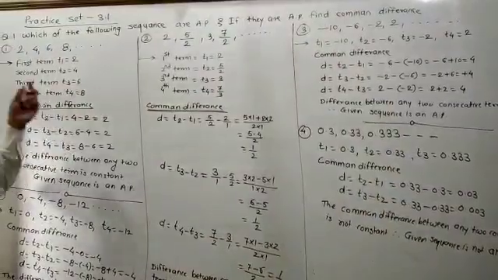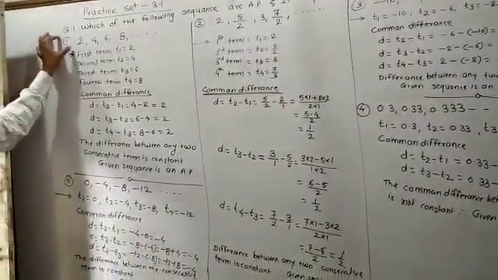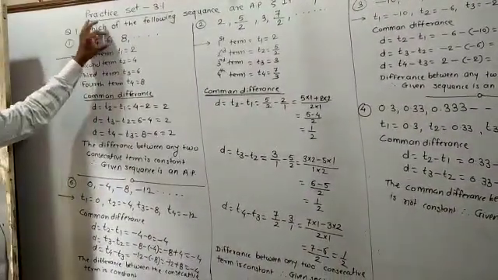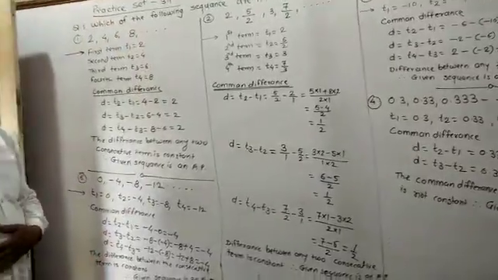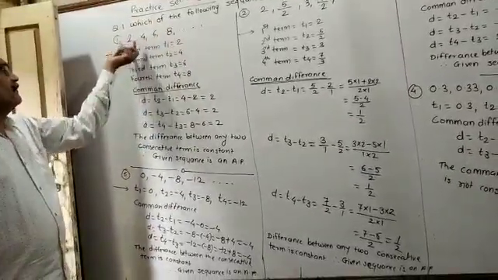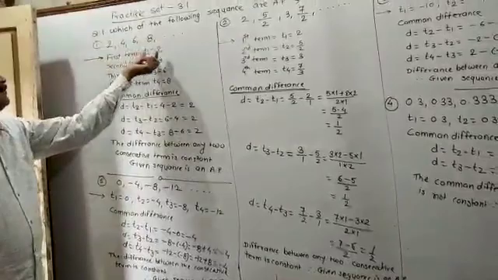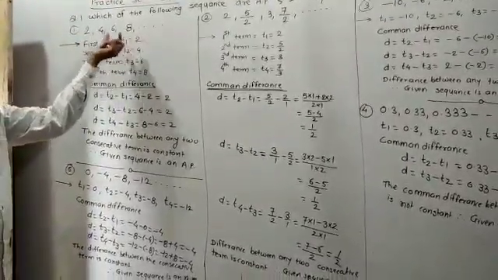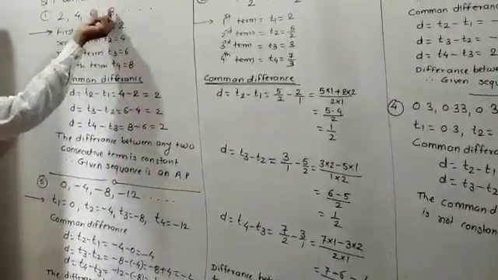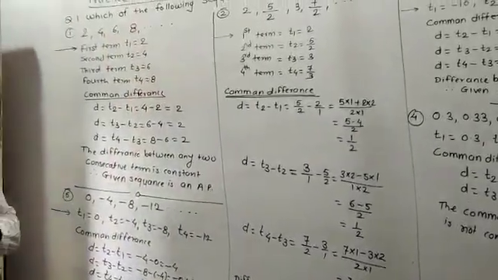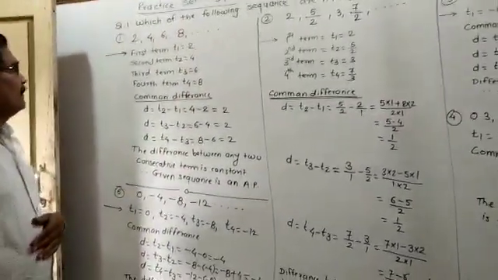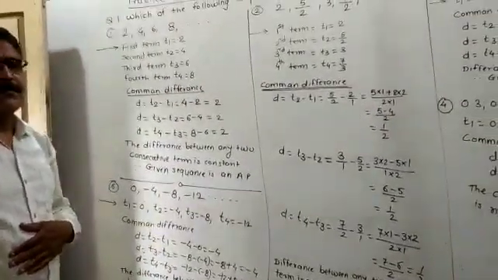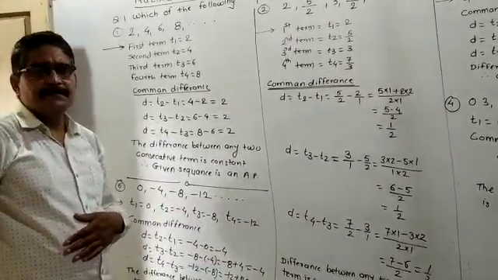First of all, the first example is given: 2, 4, 6, 8. Here the first term T1 is equal to 2, T2 is equal to 4, T3 is equal to 6 and T4 is equal to 8. Here you have to find the common difference between the terms.